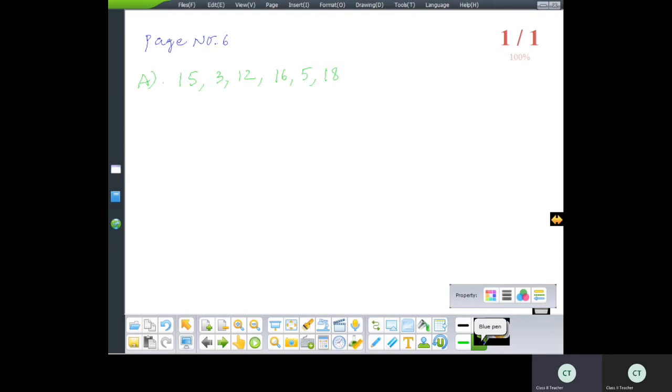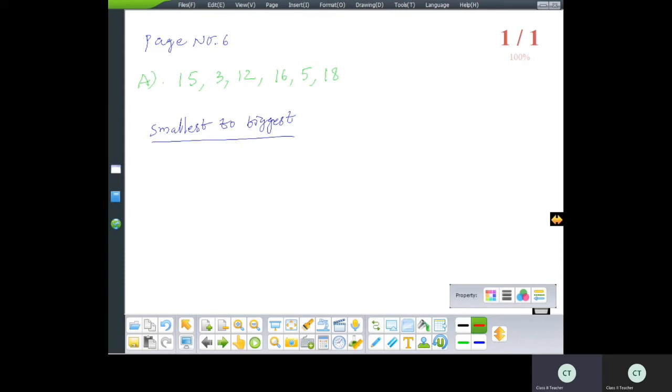From smallest to biggest. These are the given numbers. Now we have to write them from smallest to biggest.